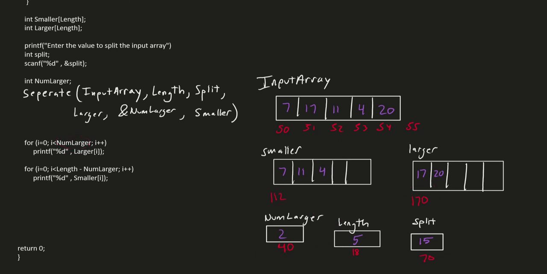Now, for printing out the smaller one, there's 3 elements there. How do we get the 3? We do the length of this one, here's that length, minus the number of larger elements to get the number of smaller elements. We kind of talked about that at the opening of the problem. Because of course, the length of this guy and the length of this guy must add up to get the total input array length.